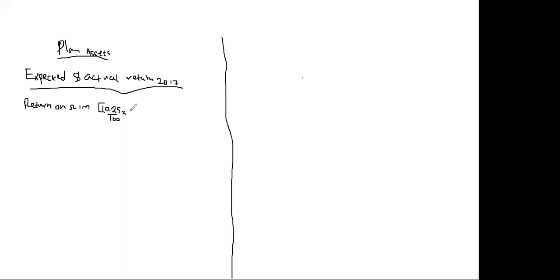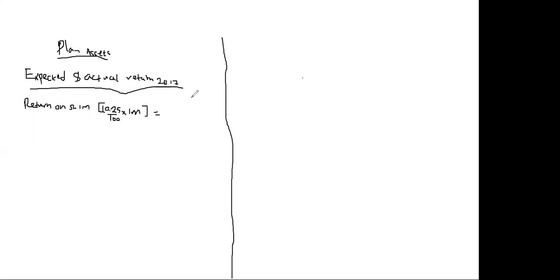So what will that give us? You can unmute your microphones. Then you tell me the answer. Yes, what will that be? 10.25 times 1 million: 102,500.